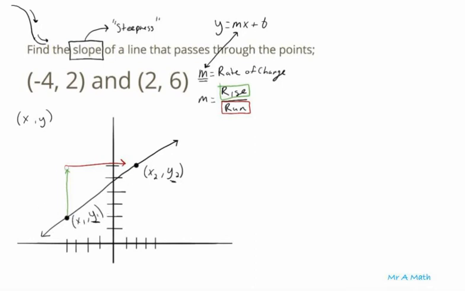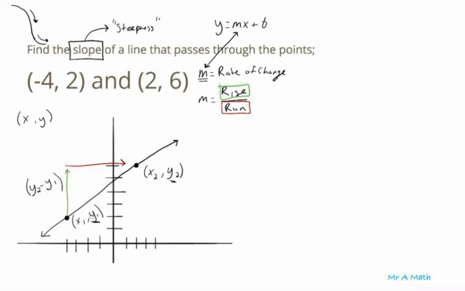So instead of counting up, I can simply look at the y values and subtract them. The vertical distance between the 2 points is the difference between my two y values, so we can think of my rise as y2 minus y1.